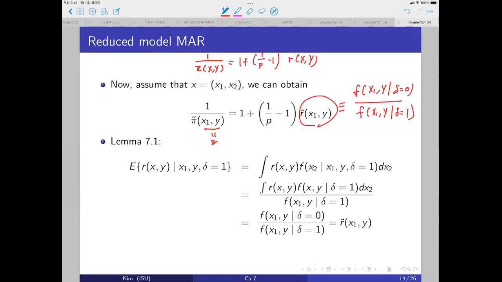This is the reduced sample version. The difference between pi and pi tilde is essentially the difference between r and r tilde. So let's take a look at the r function and compute it.